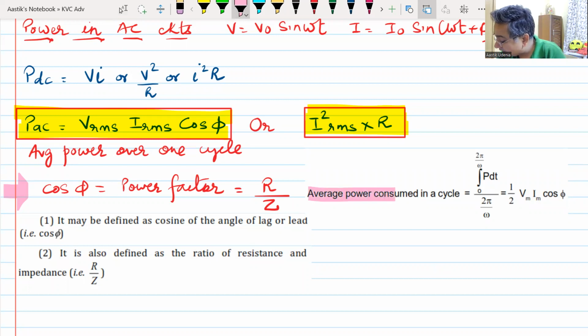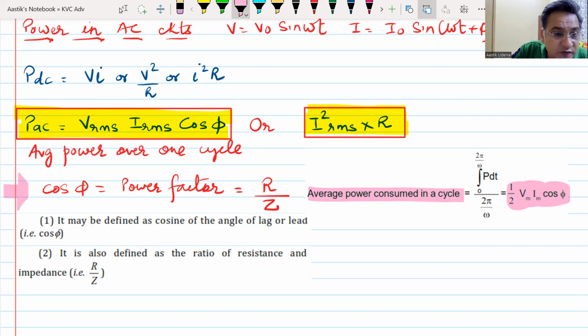It will come as half of V max I max into cos phi. That becomes V naught by root 2 into I naught by root 2 into cos phi. V naught by root 2 becomes V RMS. I naught by root 2 becomes I RMS. Do we understand this? Yes, sir.